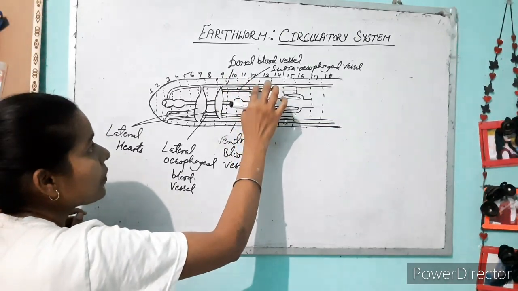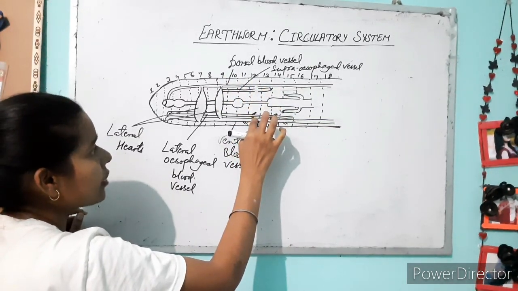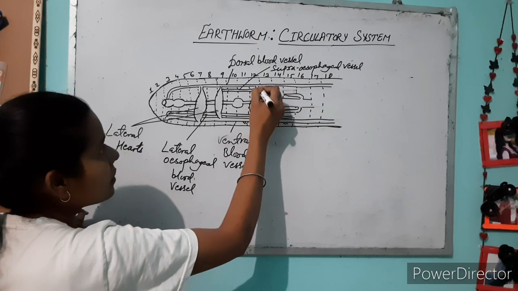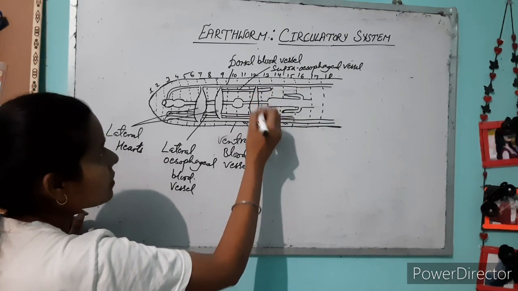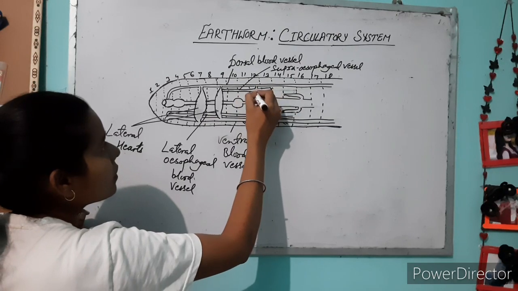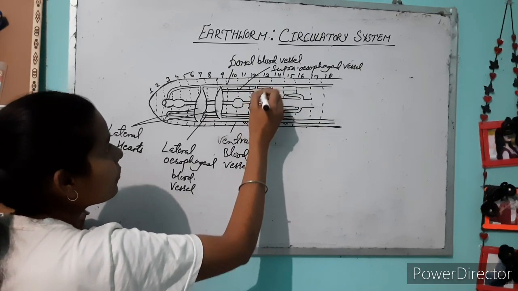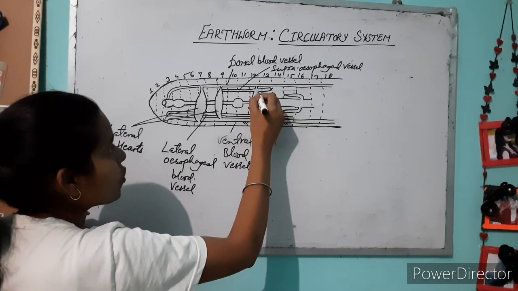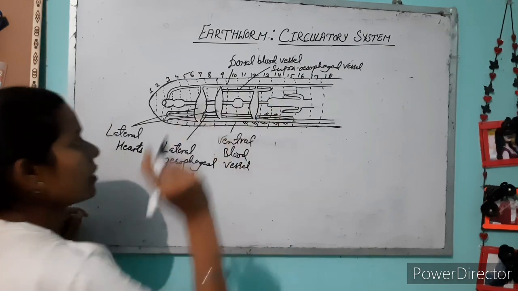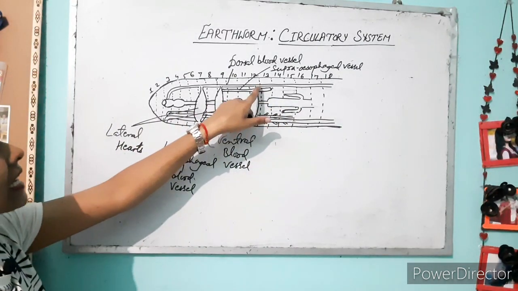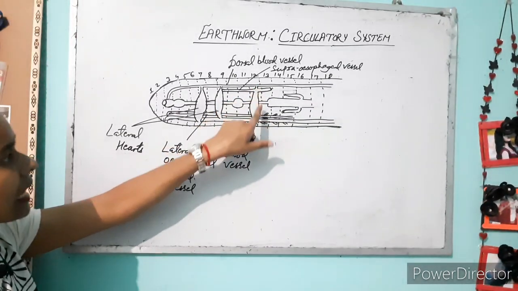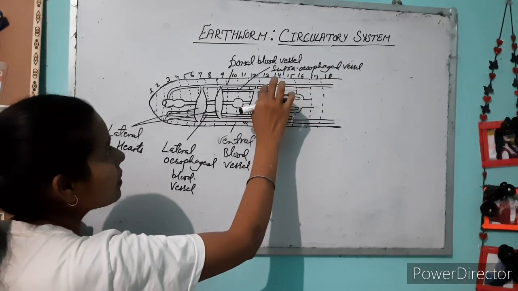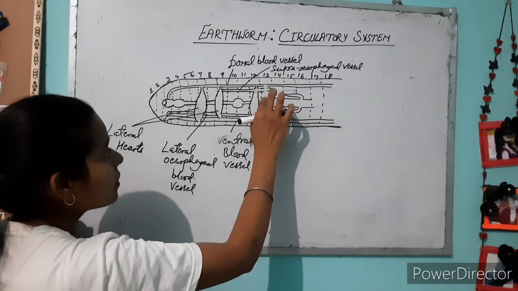Let me draw that also. It is also attached as a broad tube, like this. Let me draw it clearly. This tube is also broad, and it is attached to the dorsal, supraesophageal and ventral tubes. And one more tube is like this in the 13th segment. Let me draw that.